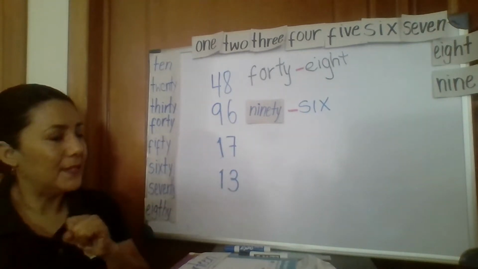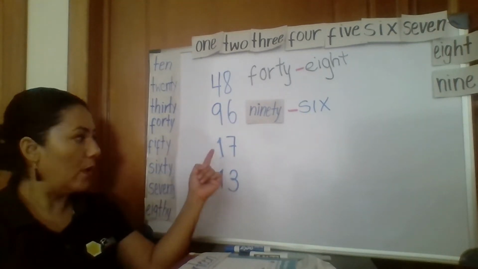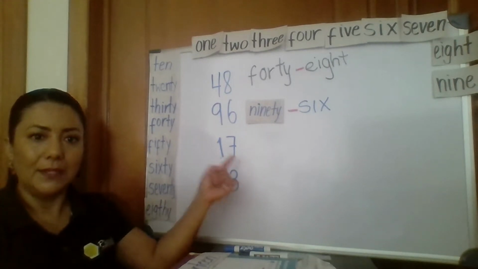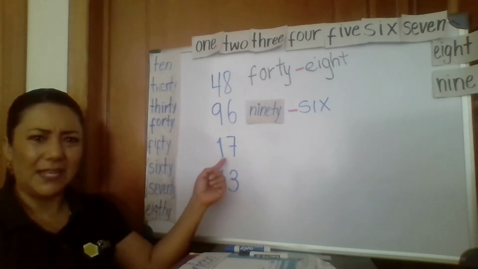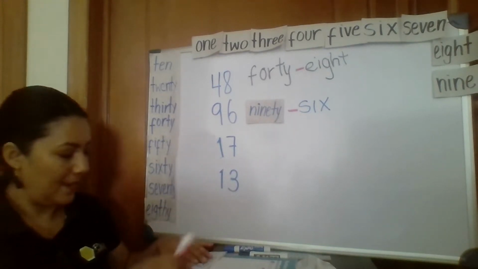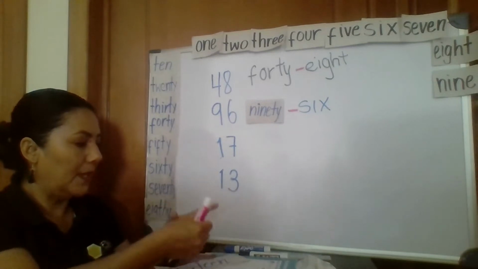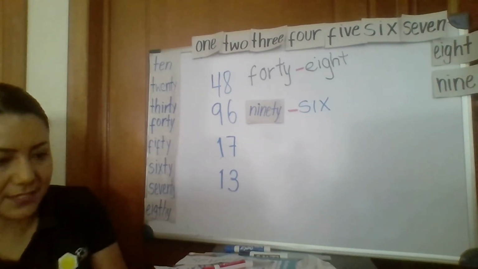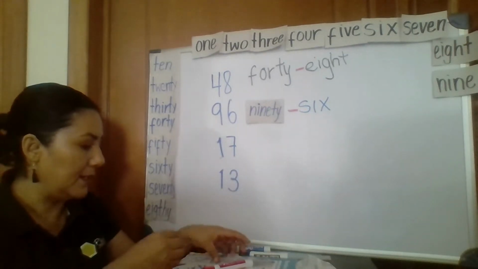What happens if you have a number with 1 ten plus 7 ones? Are we going to say 10-7? No, we're not going to say that. We are going to say it is number 17. It is correct.